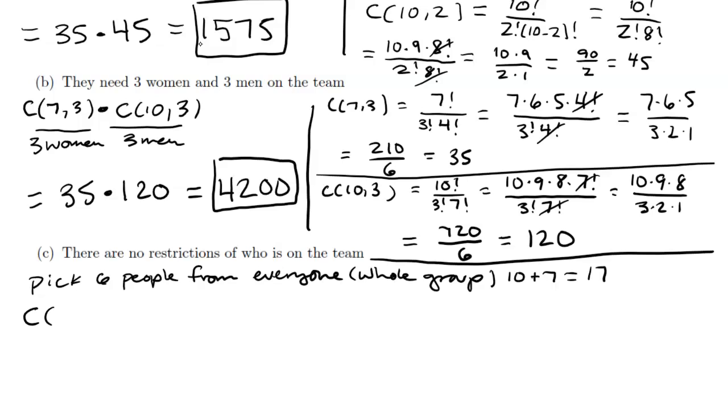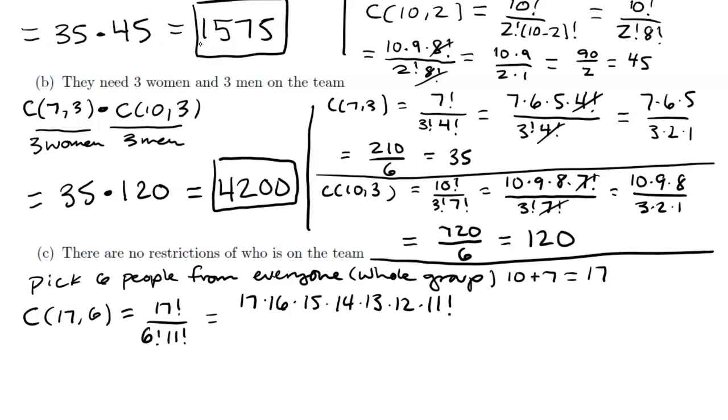So when there's no restrictions, we're going to look at what's the whole group. And we can pick people from the whole group of 17, and I need to pick the entire team of 6. So then we'll get 17 factorial over 6 factorial, 17 minus 6 is 11 factorial. 17 times 16 times 15 times 14, 13, 12, and then we hit 11, put a factorial on it.